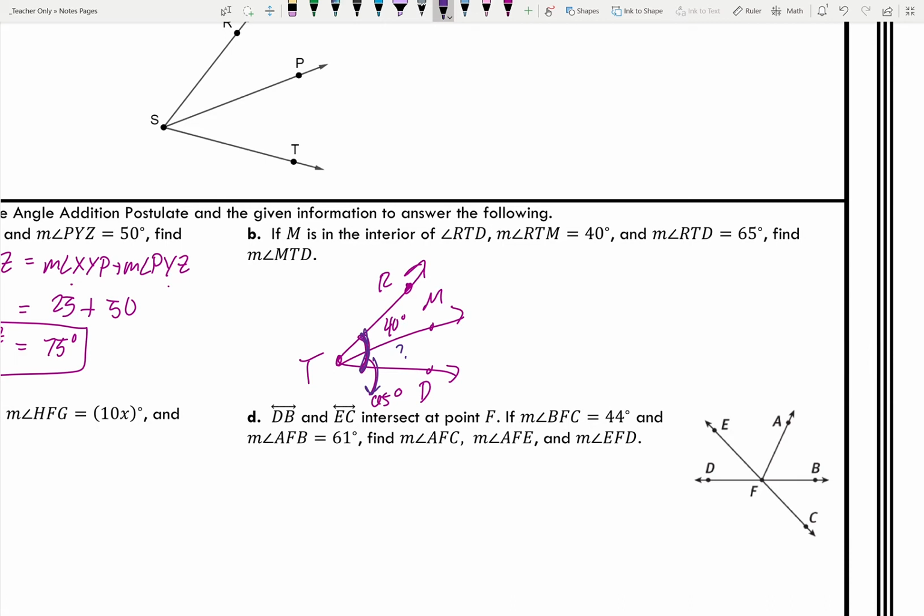So the measure of angle RTD is equal to the measure of angle RTM plus the measure of angle MTD. RTD is 65 degrees, RTM is 40 degrees, and we don't know the measure of angle MTD. This is just a variable that we keep for that. You could replace it with X if it helps you solve the equation easier. We'll subtract 40 from both sides, and we get 25 degrees is equal to the measure of angle MTD. And that's that.